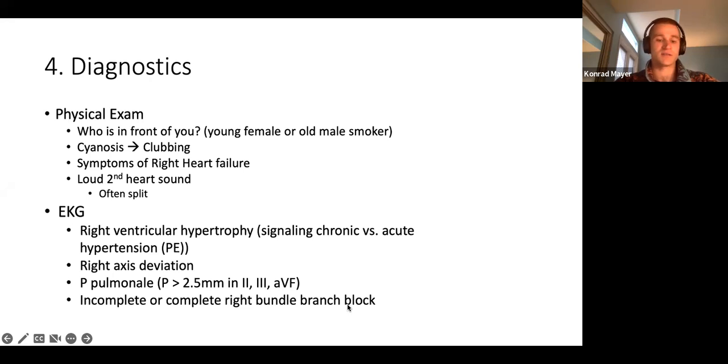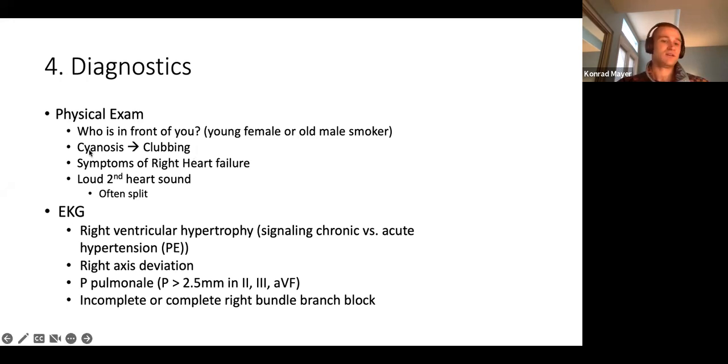So that is why the first step to understanding what kind of pulmonary hypertension we have is to just look at the patient in front of us. Is it a young female patient or is it an old male smoker? And this can already be a huge clue as to what type of pulmonary hypertension we're dealing with.